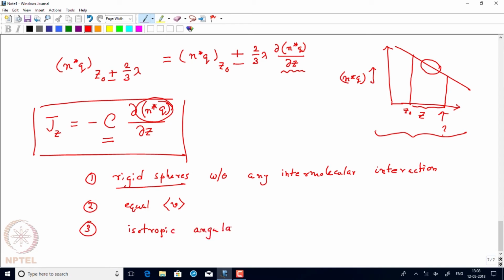So isotropic angular distribution, in the sense that along theta and phi, we did not say that there is any gradient. The gradient is acting only along z. So it's basically a gradient varying only along one dimension.